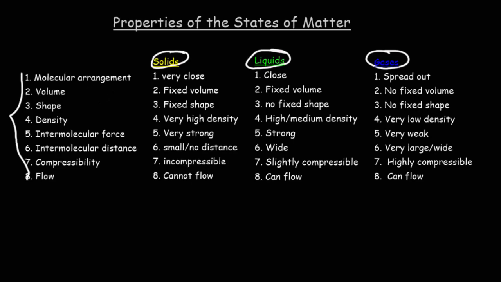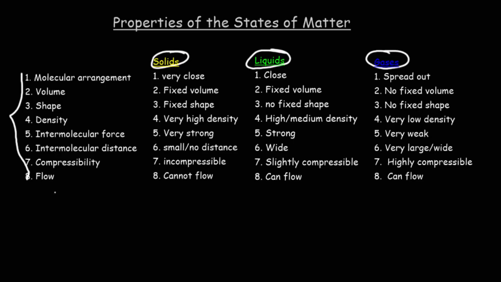Now, in solids, the molecules are arranged very close to each other to form a compact structure. Remember that in one of our previous lessons, we said that all matter contains very tiny particles, which could be atoms, molecules, or ions.